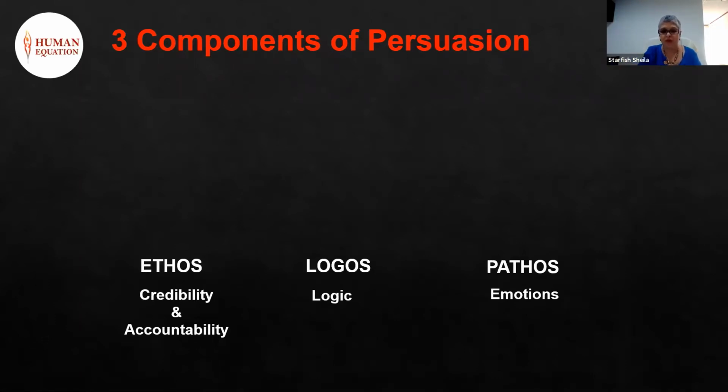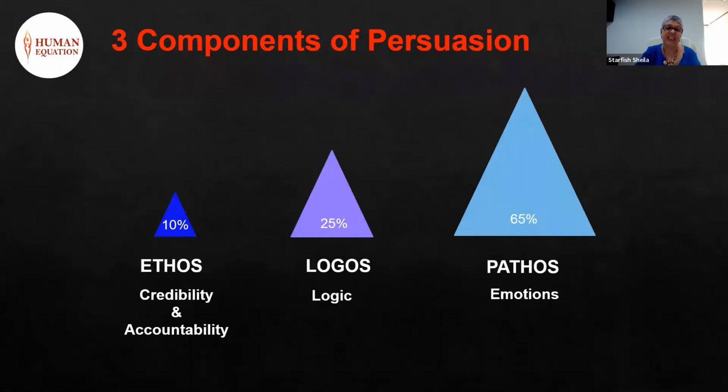So Aristotle said these three components of persuasion are there, but studies have begun to show that in terms of importance, this is the percentage attributed to each of these components. If you can incorporate pathos and connect with people's emotions, that is 65% of the component towards influencing people.